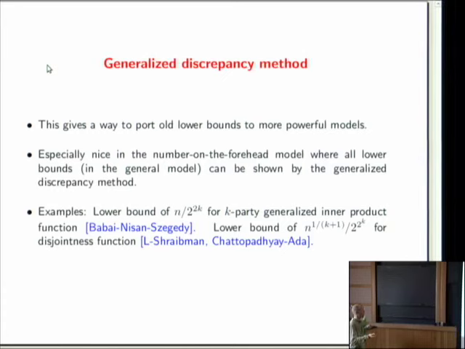Now that we know that the generalized discrepancy method works for quantum communication complexity with these kinds of entanglement, we can immediately transfer all the old lower bounds to this new model. And that's nice in the number on the forehead case, because there this generalized discrepancy method is essentially the only method we have.